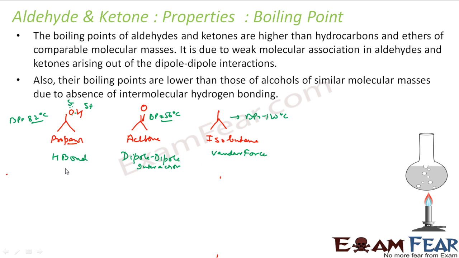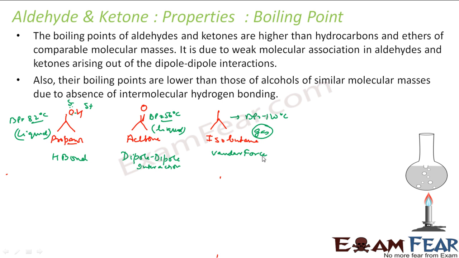So since the hydrogen bond is very strong and it has intermolecular hydrogen bonding, it has a high boiling point and it is a liquid. Correct. If you see acetone, it has a little lower boiling point, still liquid. And this is a gas.